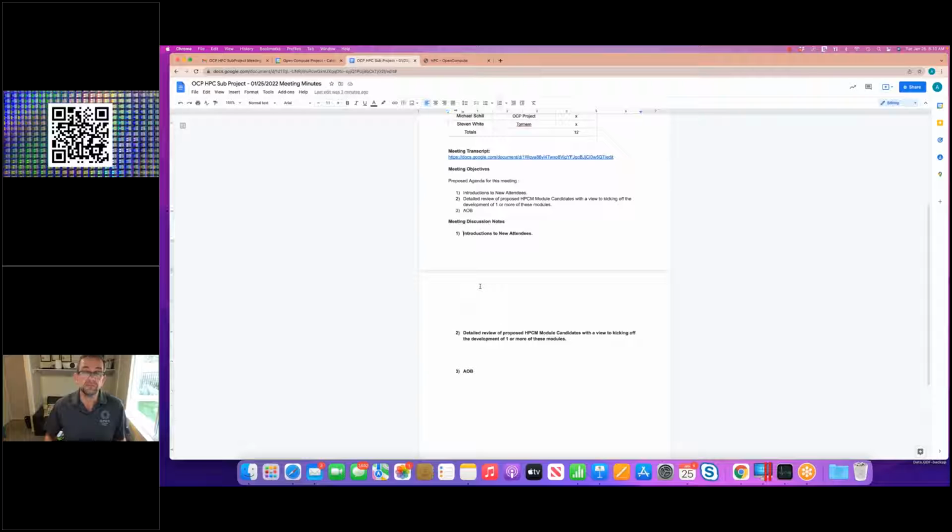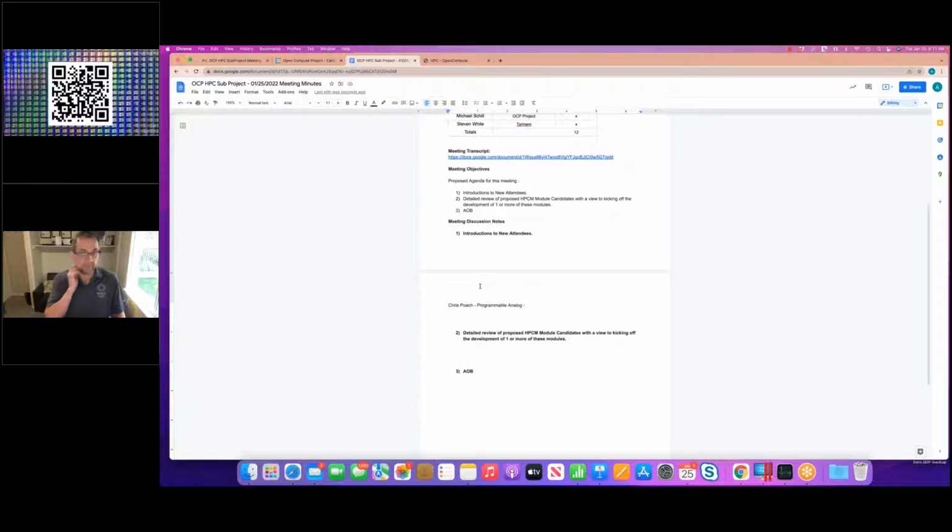Sure, yeah. Hi, I'm Chris Poach. We work with Programmable Analog. We have the Load Slammer brand. Roger Beeston's the owner, CEO. Okay, great. And you've been helping me look at how we test the power supplies on these modules, right? Exactly, correct. And they've also been helping out with some 3D models.